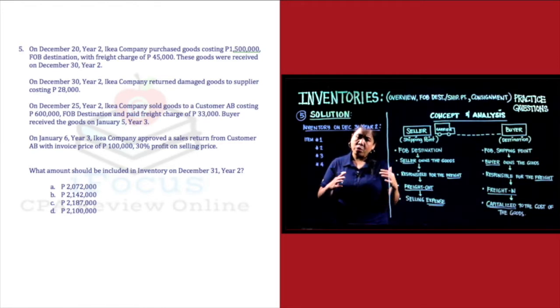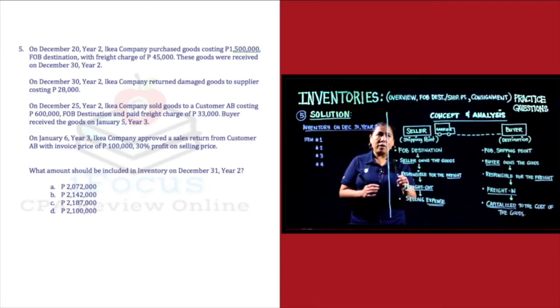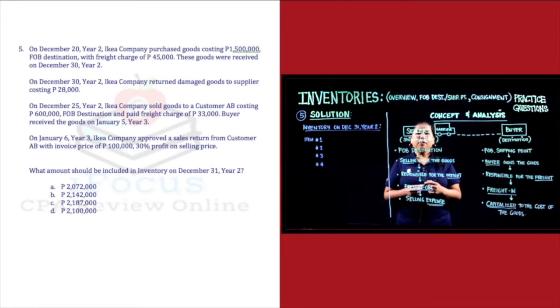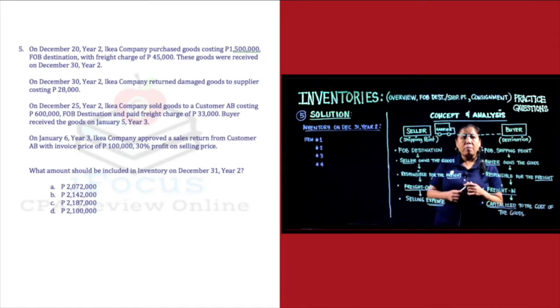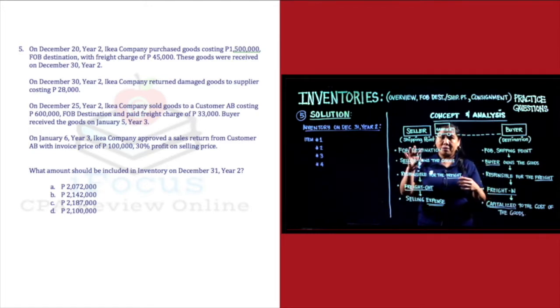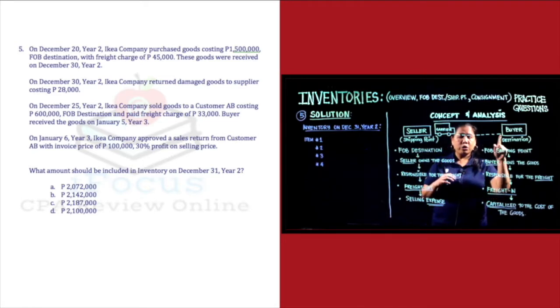Alright, but before we get into analyzing these problems, let me give you an overview of what is the shipping point and destination again. On the seller is the shipping point, and on the location of the buyer is the destination. Kapag ang agreement between the seller and the buyer ay FOB destinations, the ownership of the goods transfers to the buyer kapag nakarating na kay buyer.